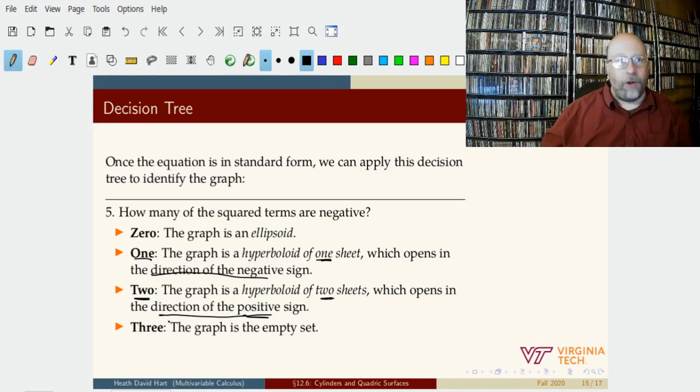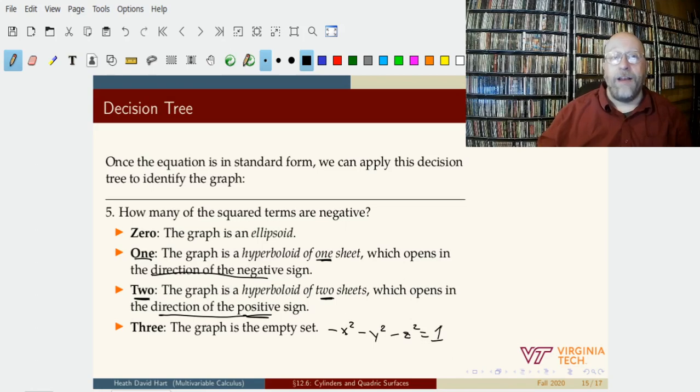If all three square terms are negative, the graph is the empty set. We don't really have to worry about this case, but I'll talk about what happens if we have a negative x squared term and a negative y squared term and a negative z squared term, and the constant is not 0. Remember, we said the constant was not 0, so in standard form it's 1.